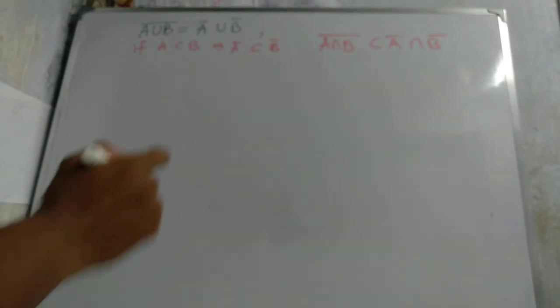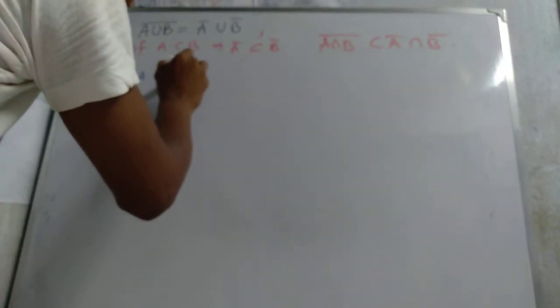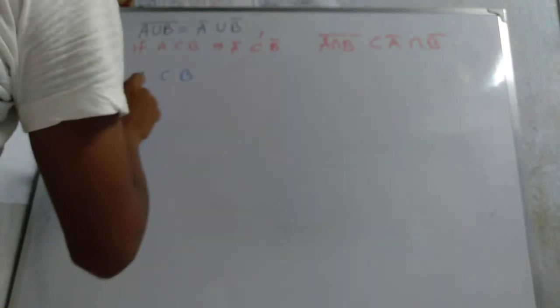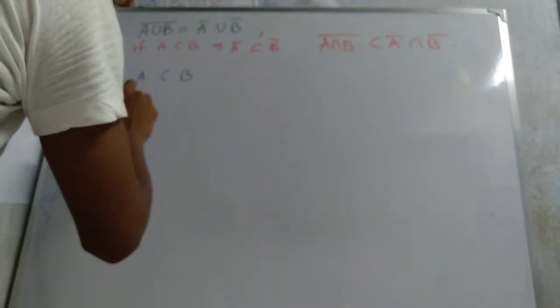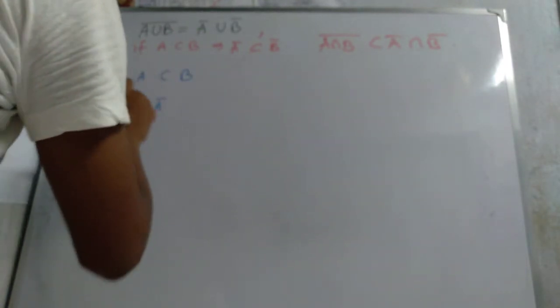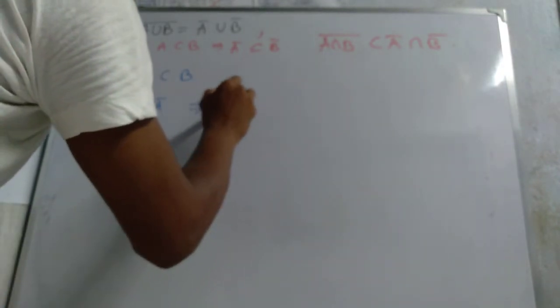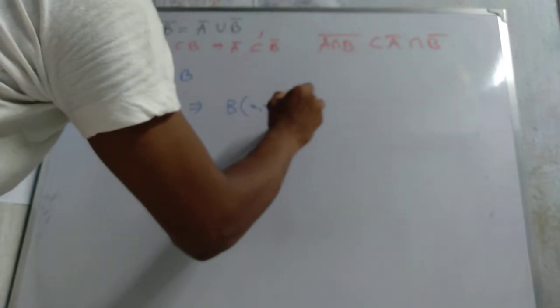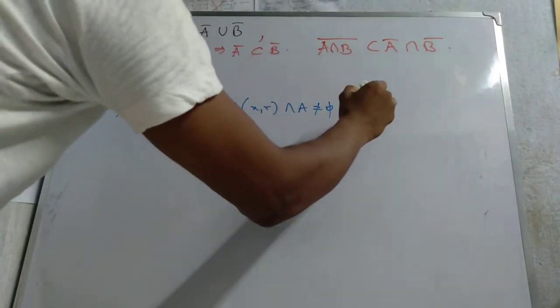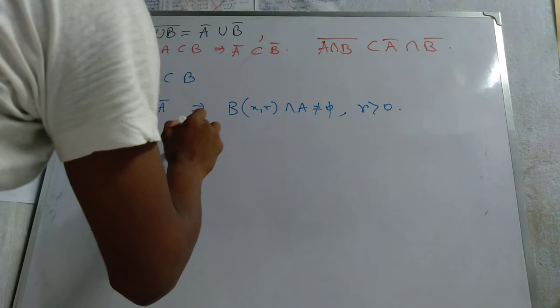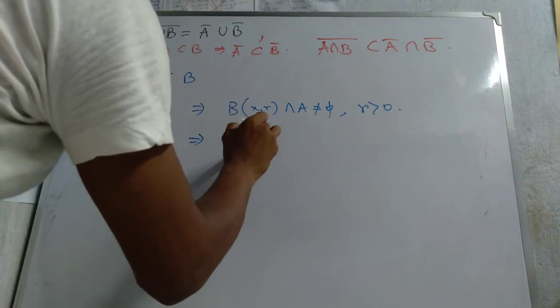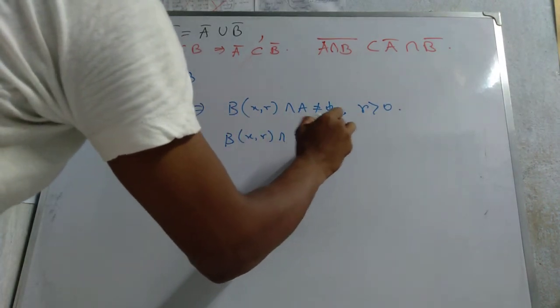So first we prove A subset of B implies the closure of A is a subset of the closure of B. We know that A is a subset of B. Now let x belong to the closure of A. Then this implies that the neighborhood of x with radius r intersected with A is not equal to the empty set for r greater than 0. This implies that the neighborhood of x intersected with B is not equal to the empty set.